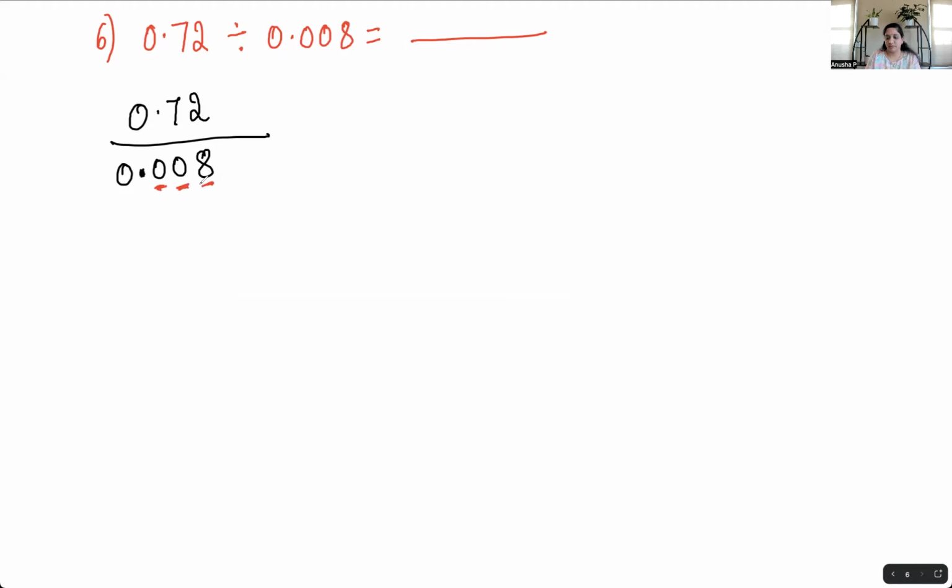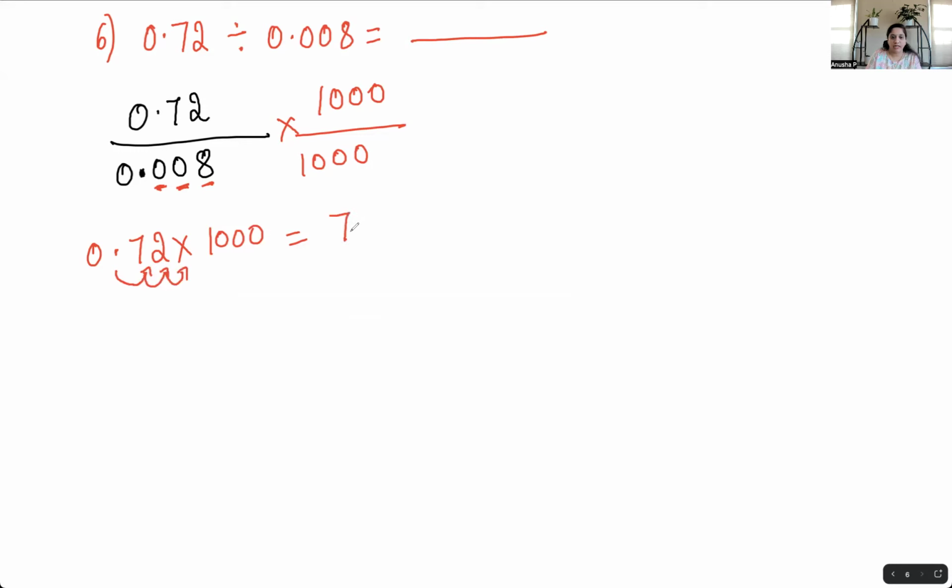Because we have 3 decimal places, you are multiplying by 1000 on the top and 1000 on the bottom. So when you're doing 0.72 times 1000, we have to jump the decimal point 3 steps to the right, 1, 2, and 3. There we don't have any number, so we're keeping 720.